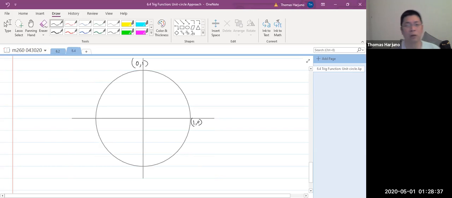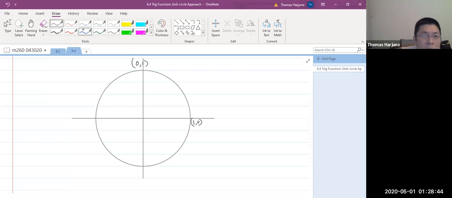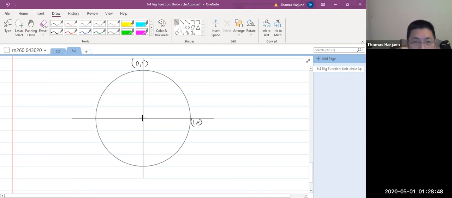Okay. Now let me pick a coordinate in quadrant 1. Let me pick this guy here. And let's say the coordinate there is x, y.